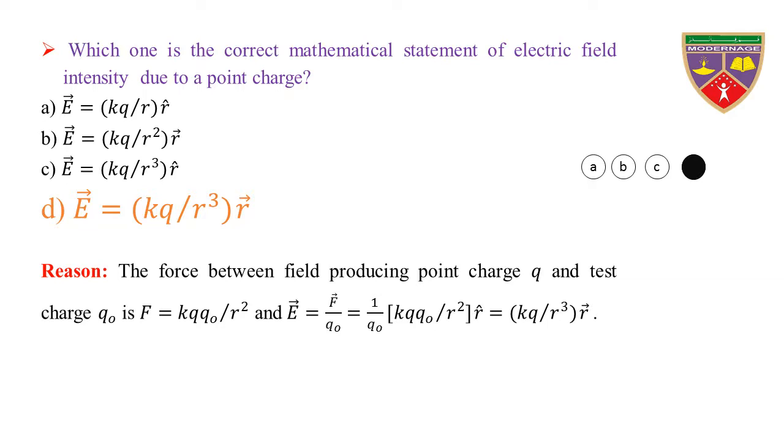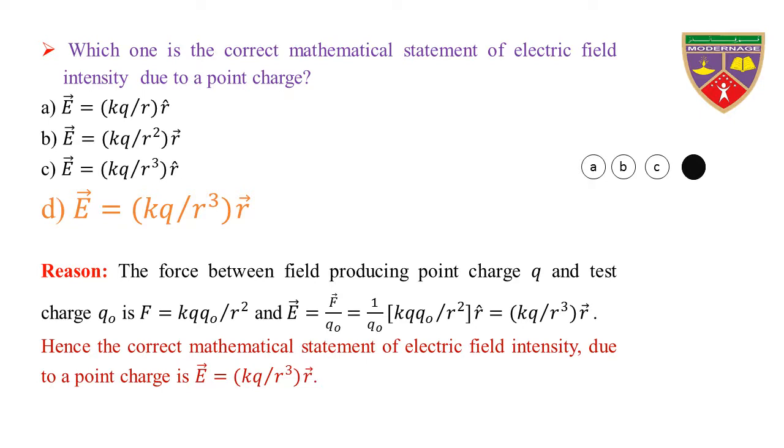Reason: the force between field producing point charge q and test charge q₀ is F = kqq₀ / r², and E vector = F vector / q₀ = (1/q₀) times kqq₀ / r² times r unit vector, which is equal to kq / r³ times r vector, because q₀ is cancelled with q₀ and r unit vector is replaced by r vector divided by its magnitude r.